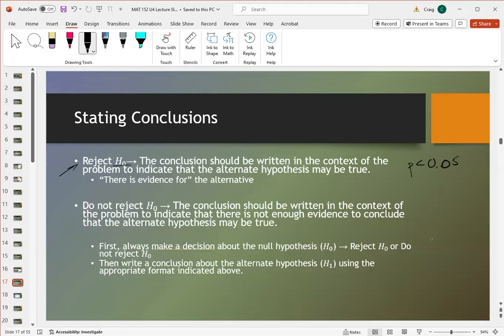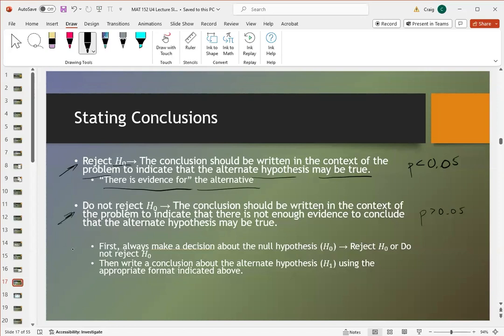Okay, we're going to write then the conclusion in the context of the problem to indicate that the alternative may be true. Okay, so there's evidence for whatever the alternative hypothesis is. If the probability is greater than 0.05 or greater than the significance level, if it's not a rare sample, then we don't reject the null.